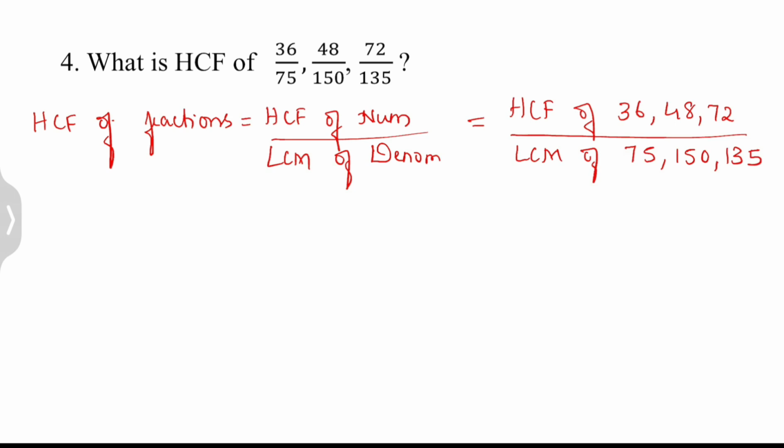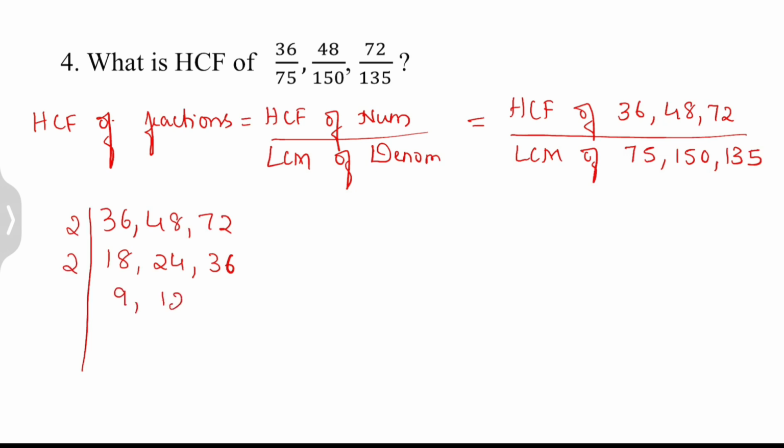First we will find the HCF of 36, 48 and 72. By 2 we can divide all 3. 2 1s are 2 18, 2 8s are 16... so we get 18, 24, 36. Again 2 can divide all 3: 9, 12, 18.